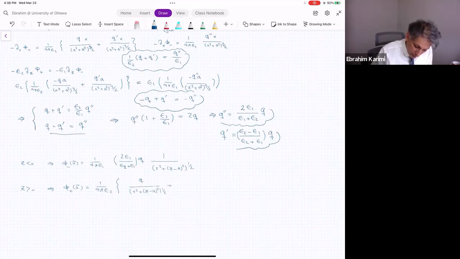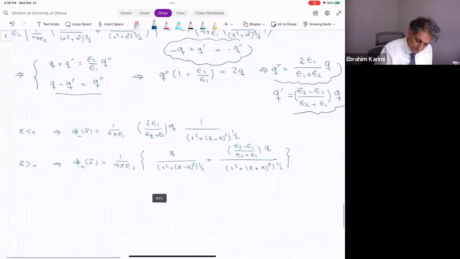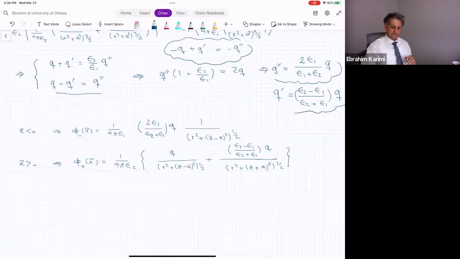And the other one was plus epsilon 2 minus epsilon 1 divided by epsilon 2 plus epsilon 1 q divided by r squared plus z plus a, squared, to the power of 1/2. Do you agree?